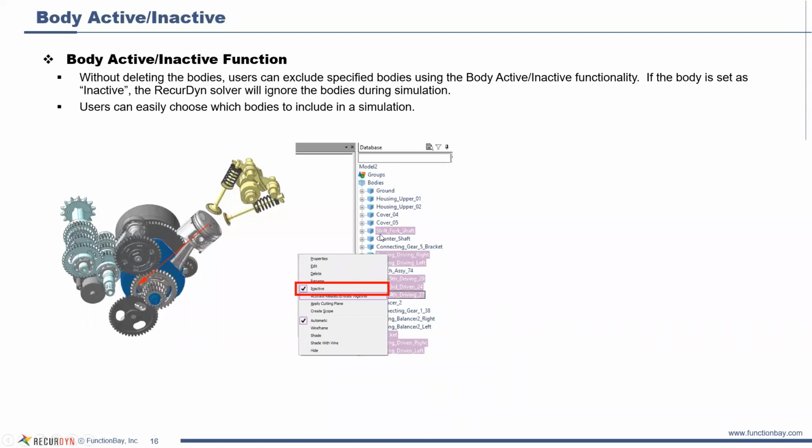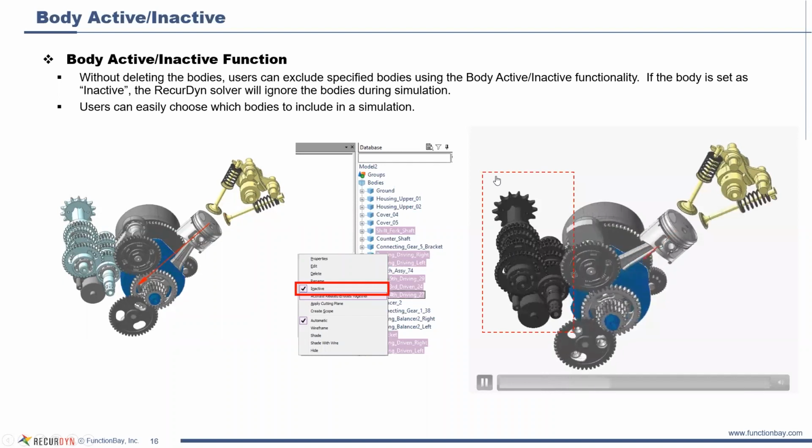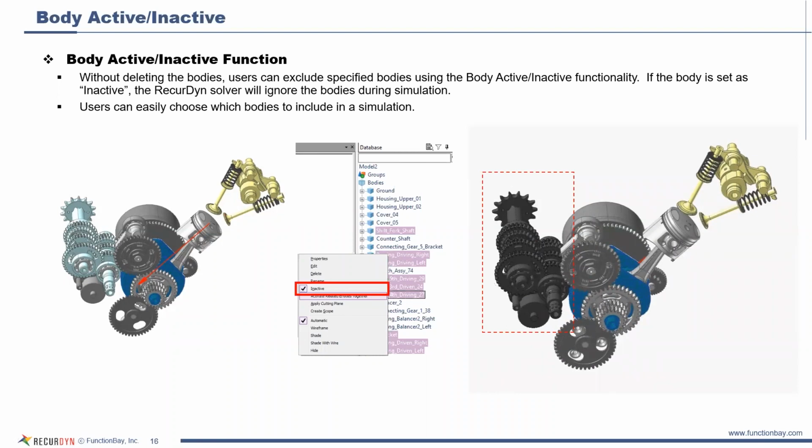Once they select that, if they run the simulation again, we can see that these bodies are not really part of the simulation anymore. They're grayed out and they're also not moving. And then when the user chooses to activate or reactivate the bodies, RecurDyn will automatically enable all the forces and joints that were connecting that body to the rest of the model.